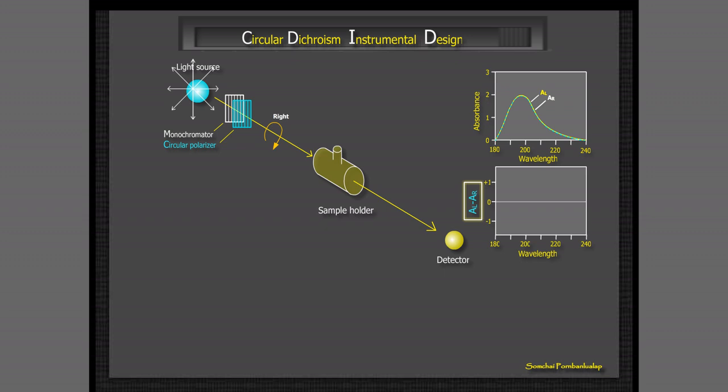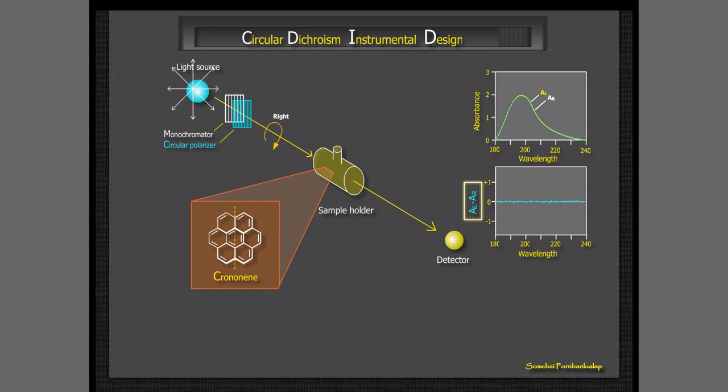circularly polarized light. By convention, the y-axis of a CD spectrum represents the difference in absorption between left and right circularly polarized light. Structurally symmetric molecules, such as coronene, absorb left and right circularly polarized light equally. Thus, the difference between the absorption of left and right circularly polarized light is 0 at all wavelengths.